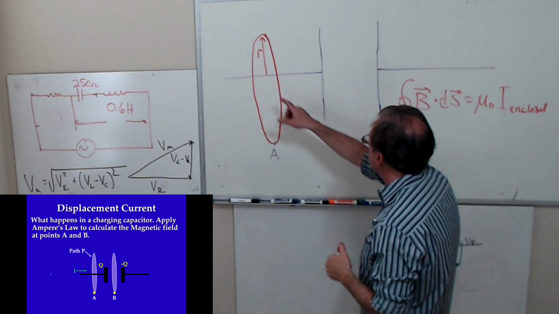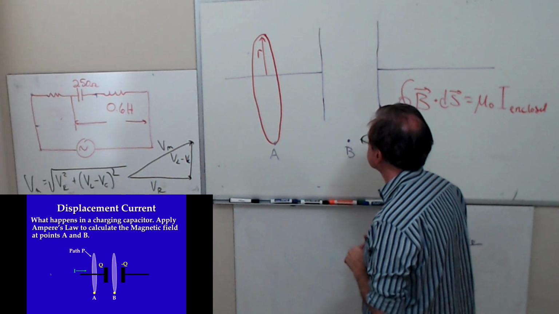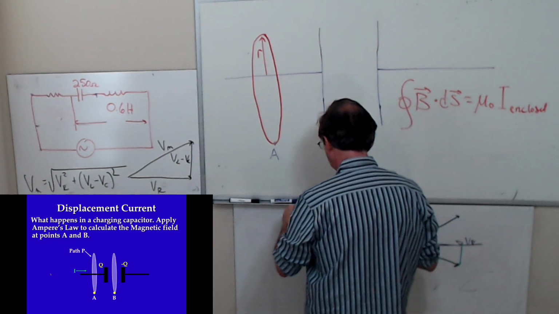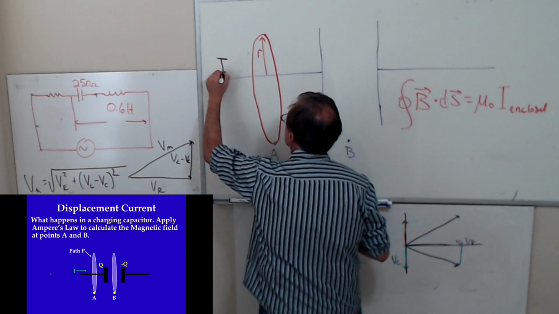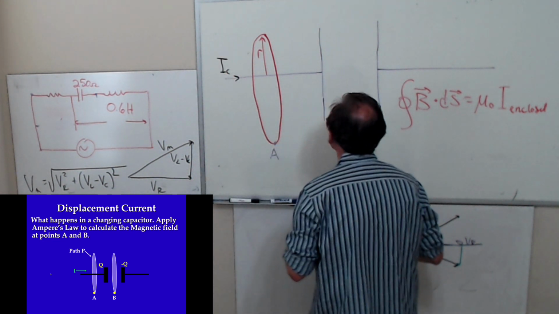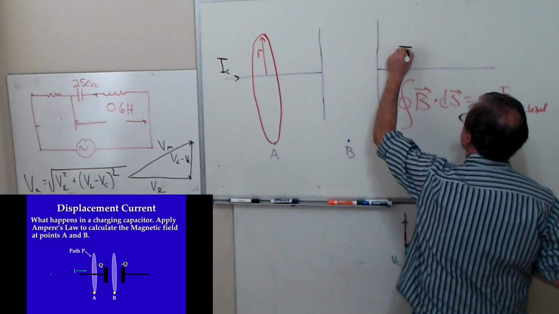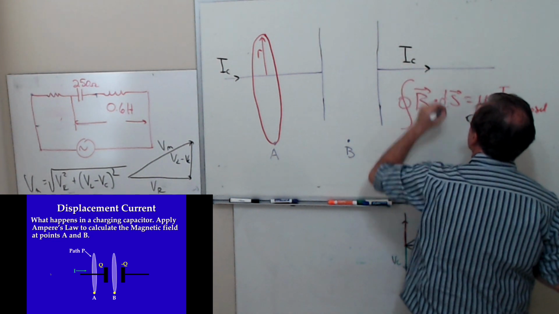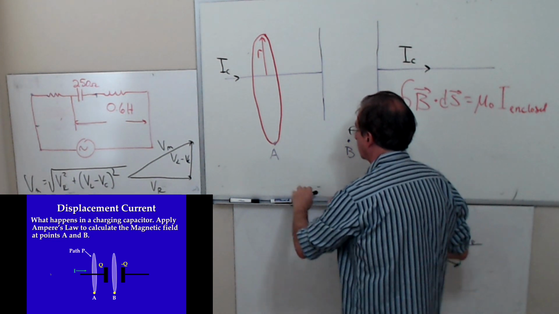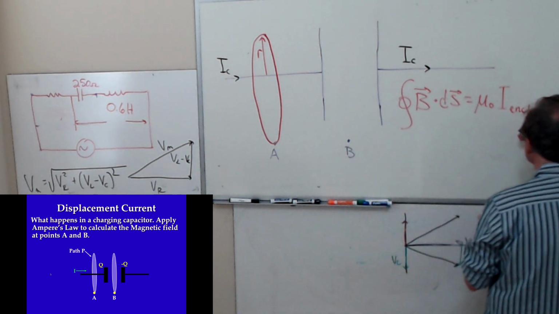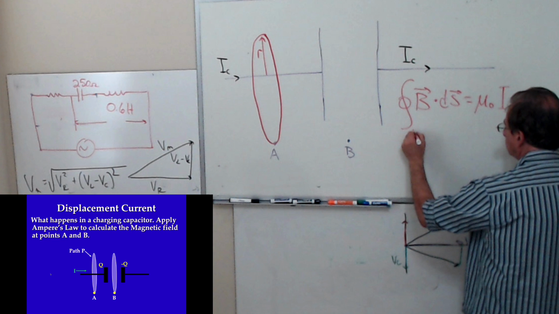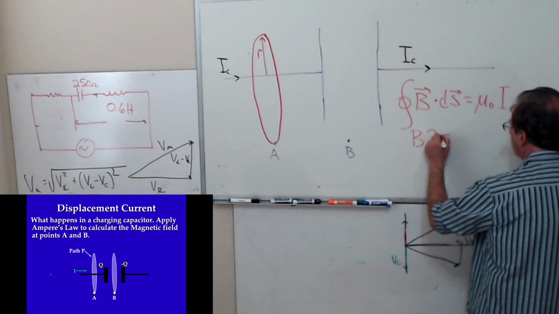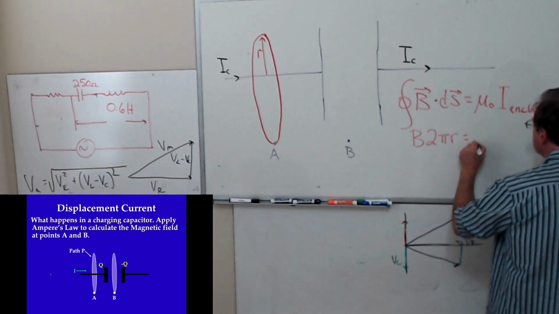So there's current that penetrates this loop, and we'll call it I sub c. So this is going to be easy. B times 2 pi r equals mu naught I sub c. All right, we've done this before.